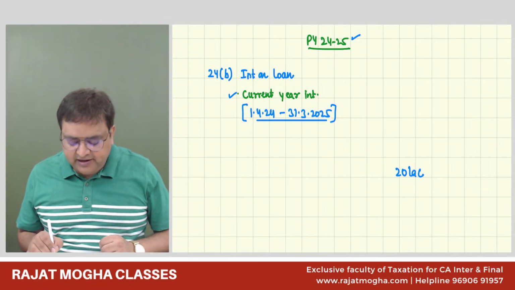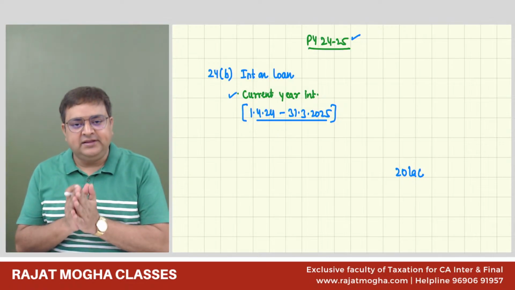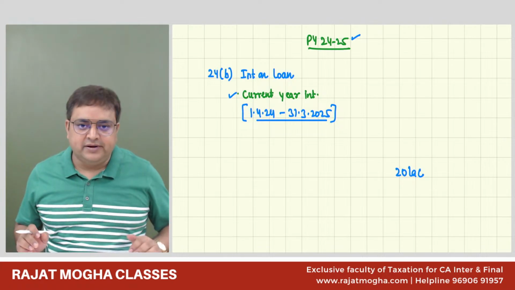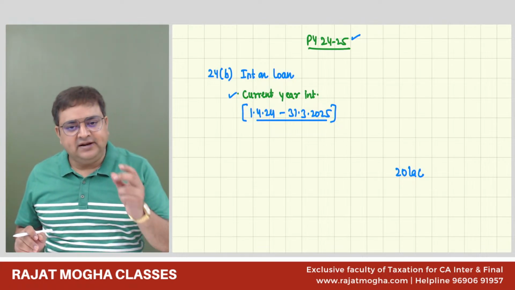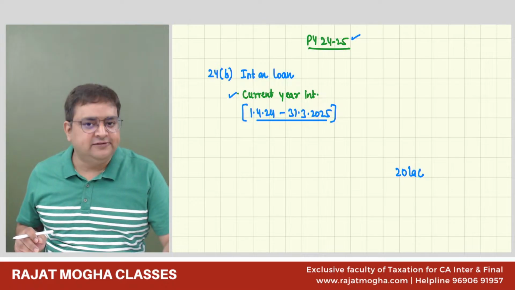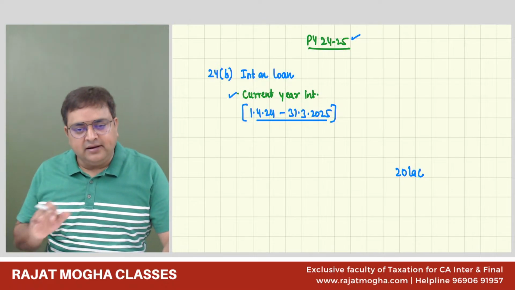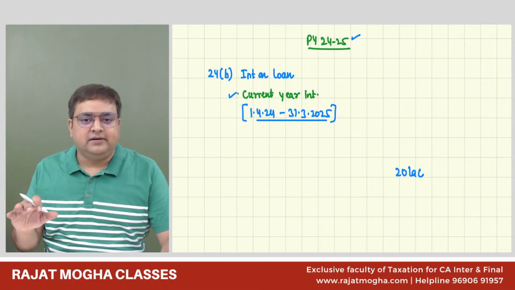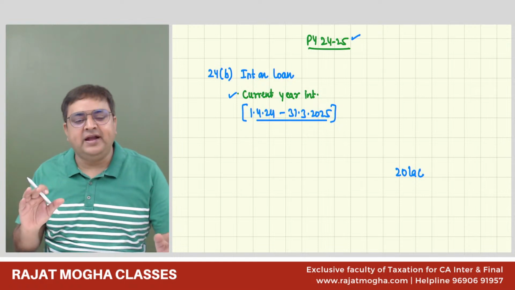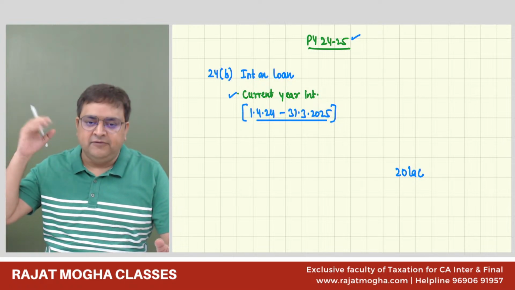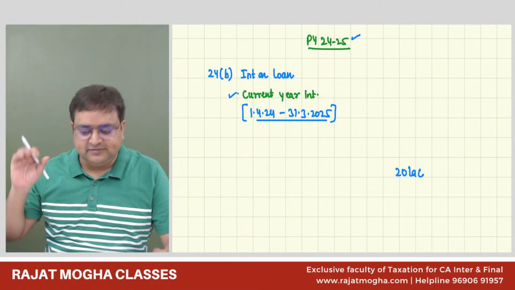Whenever you see current year interest, you just have to see whether there was a loan in this period or not. So you get to know that there is a loan of 20 lakh rupees in this period, and in the entire year, it was 20 lakh only. The outstanding which the bank has, which we have to pay to the bank, is 20 lakh rupees.